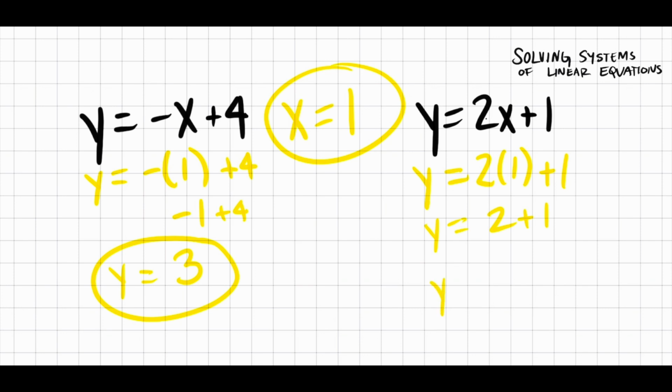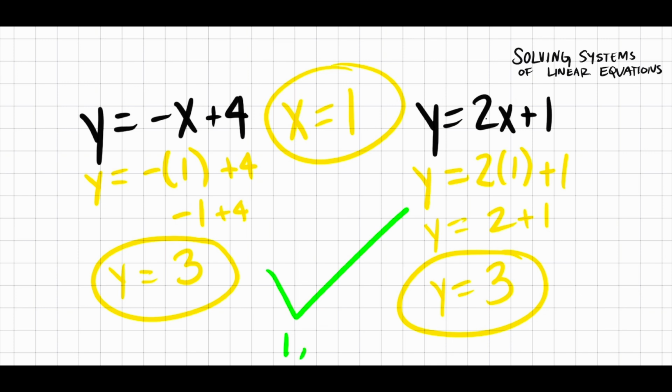And then 2 plus 1 also equals 3. So we get that x equals 1 and y equals 3, which confirms our original answer, which was 1 comma 3, because x always comes first when we were plotting points. So this algebraic method worked.